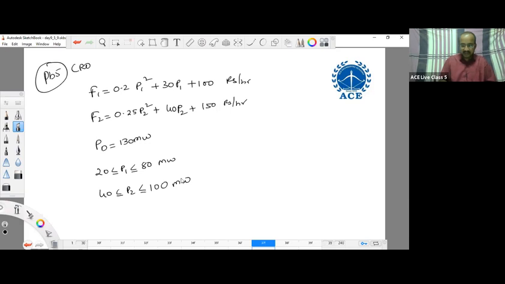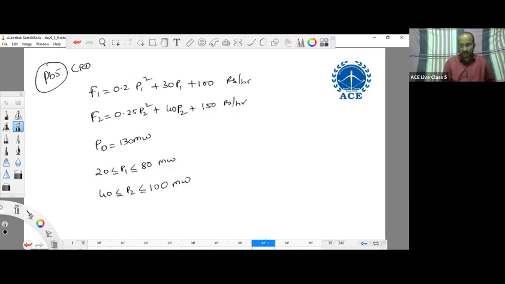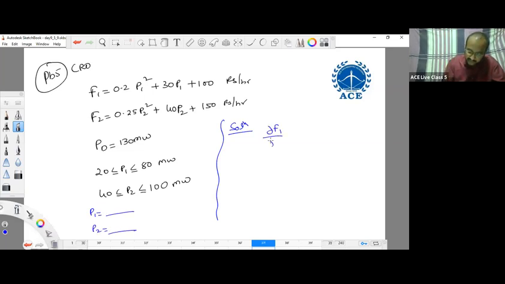So how do you calculate? What is the coordinate equation that you got? The incremental fuel cost of all the units must be same. Here 2 units are there, and he is asking to calculate P1 and P2. So df1 by dp1 must be equal to df2 by dp2.